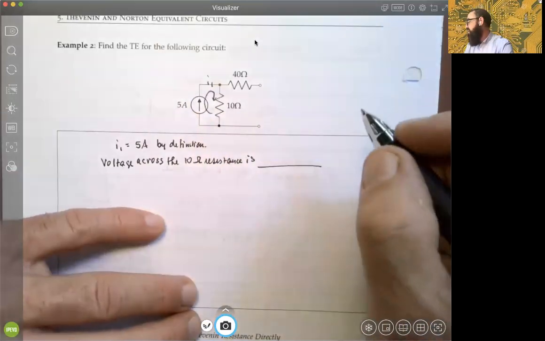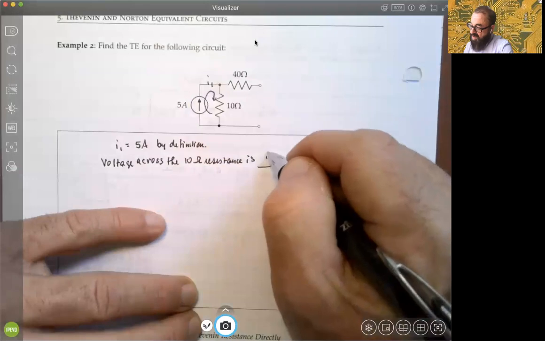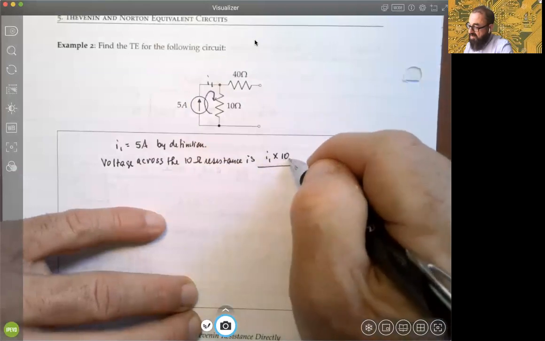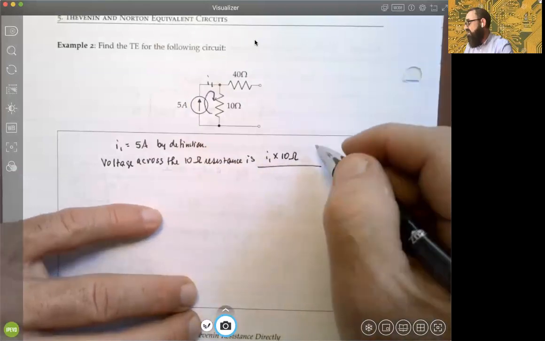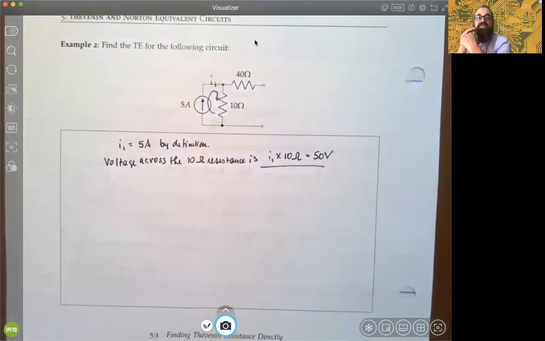So therefore, we know by Ohm's law that I1 times 10 ohms must be the voltage across it. So that's 10 volts, okay? 5 amps times 10 ohms.